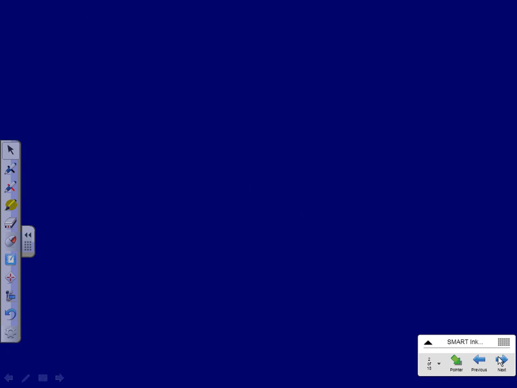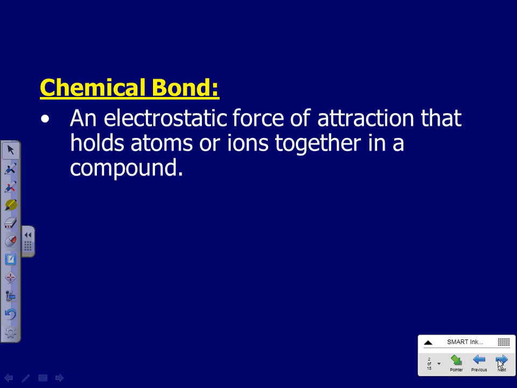Okay, so let's get a few little definitions down here. And again, as we continue to transform our view of the way atoms and molecules behave.